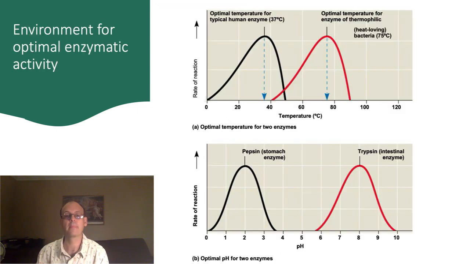In order to operate effectively, enzymes often work within a very narrow environment. Let's take a look at this human example in the top graph. The activity of the enzyme increases as the temperature increases. This is for the same reason that all chemical reactions happen at higher temperature.